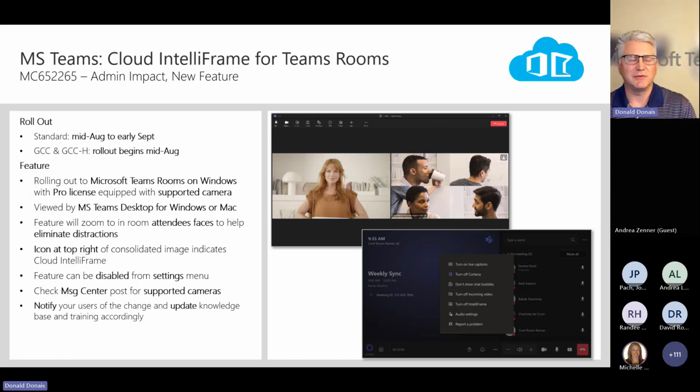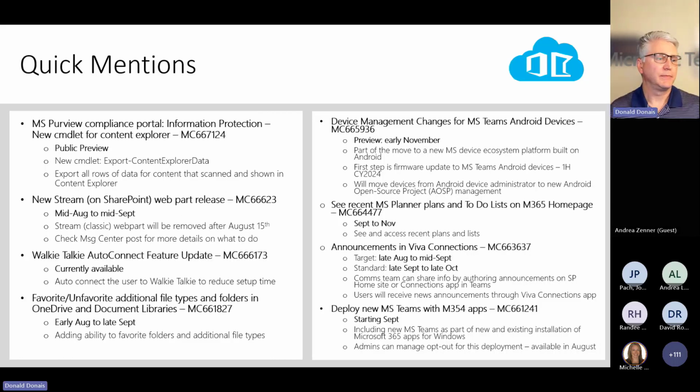Fortunately, one of them is the back of a head, but hopefully they're in a sitting position so you can see the camera. The one thing I want to point out is this little icon, which shows that this is a Cloud IntelliFrame scenario. So I'm seeing the people that are in that room, and they're brought out as individual avatars into the meeting. Make sure you check the Message Center post for supported cameras if this is something you're interested in utilizing.